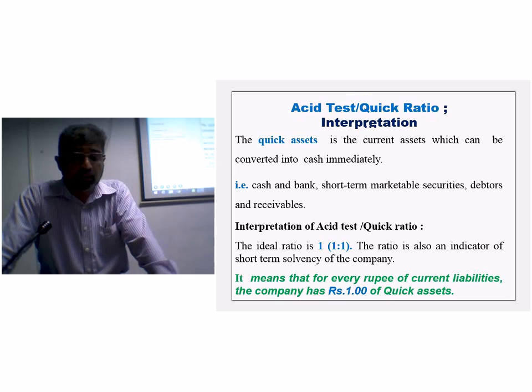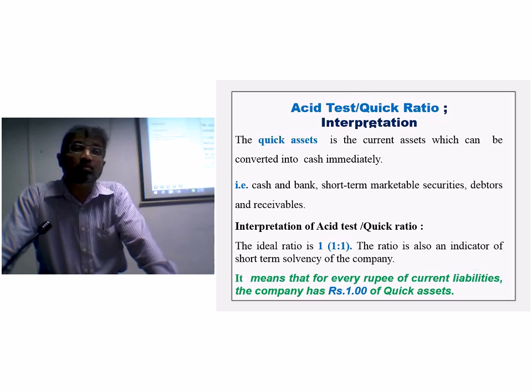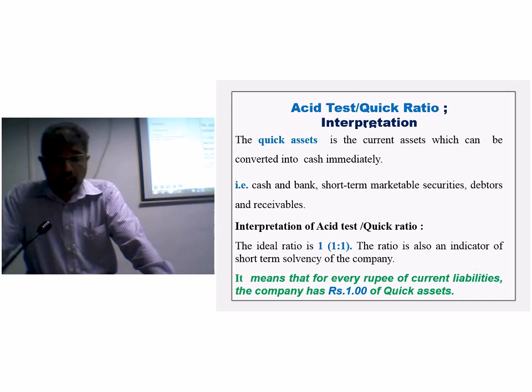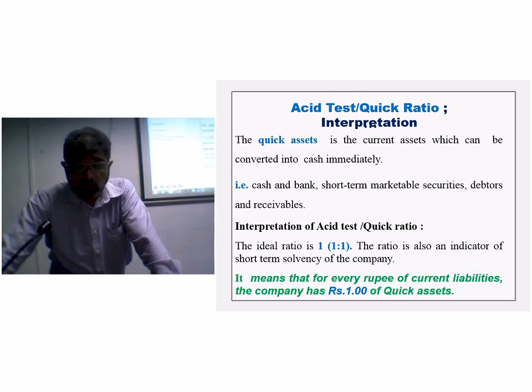Now, quick assets are the current assets which can be converted into cash immediately, right? Then you can see the standard norm as 1 to 1. The ideal ratio is 1 to 1.